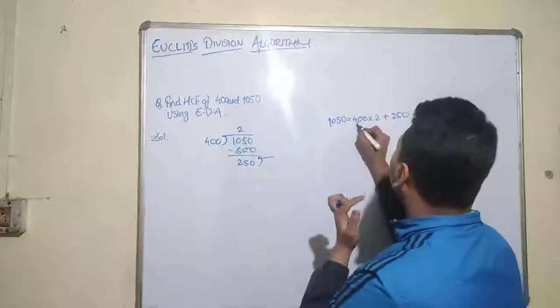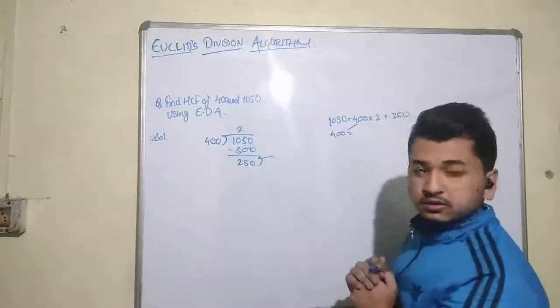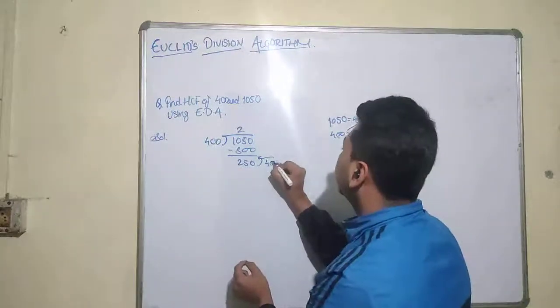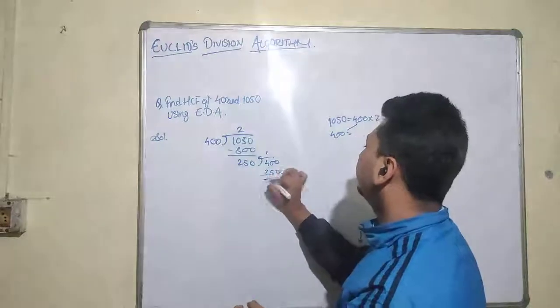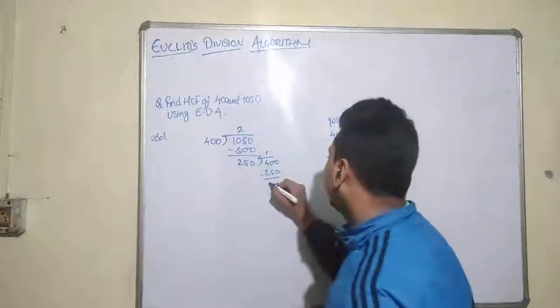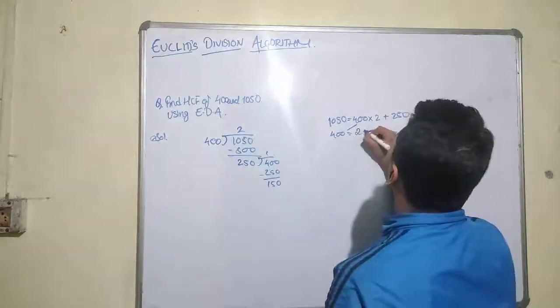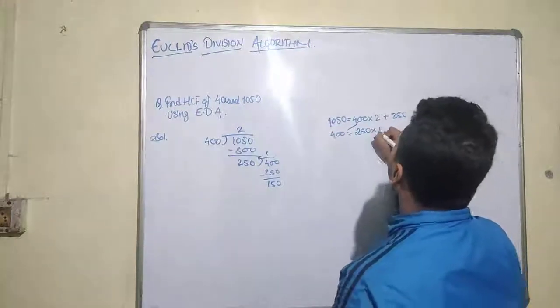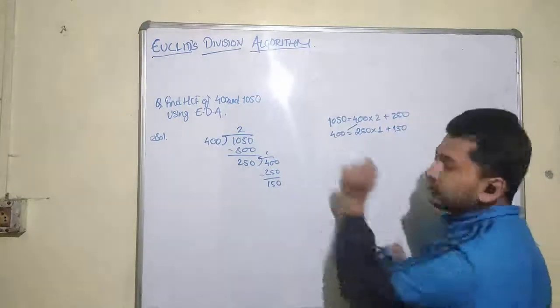So this will come out here, right? So 400 equals... now we'll write 400 here. 250 times 1 is 250, right? So we have got 150 as the remainder. So 250 into 1 is 250 plus 150 will give you 400.